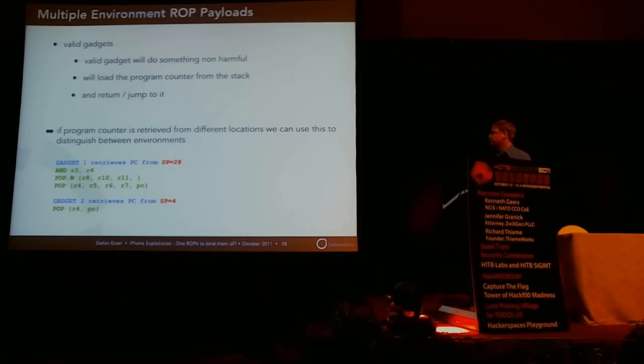So when you jump to this one address that has these two gadgets, you know when it takes the next program counter from position 28, then it was the first case. Otherwise, it will take the program counter from the 4th position. So you can distinguish between two environments.